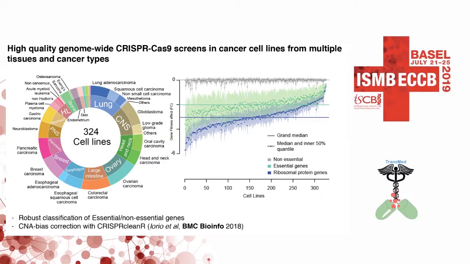So this is to give you an idea of the cell line composition. We included cancer types that are the most prevalent, as well as cancer types that have a variable response to therapy. On the right side of this figure, in this plot, each column represents a cell line, and you have 3 groups of genes. The blue group is made of ribosomal protein genes, which are known to be really essential and should kill any type of cell upon inactivation.